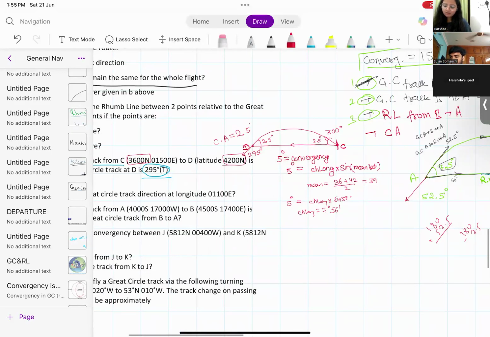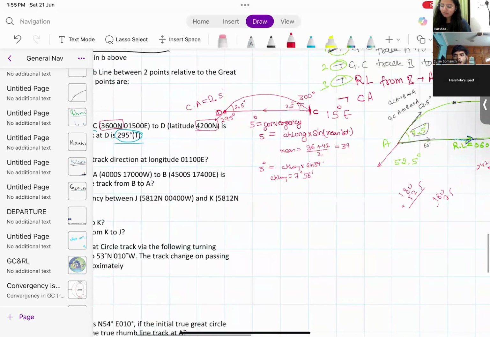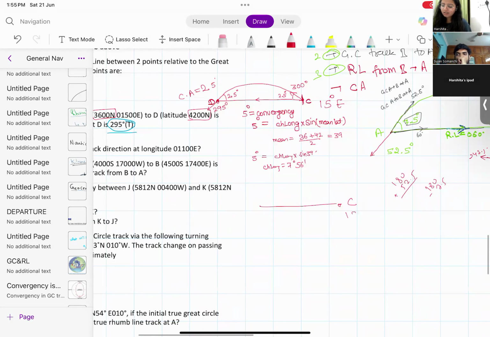Point C is given at 15 degrees in the east direction. For D, you have to find it. Point C is here at 15 degrees east. Point D is here, and the change in longitude between them is 7 degrees and 56 minutes.